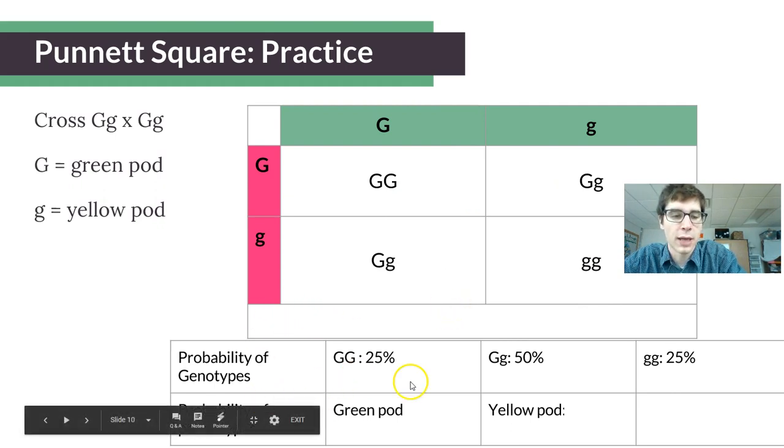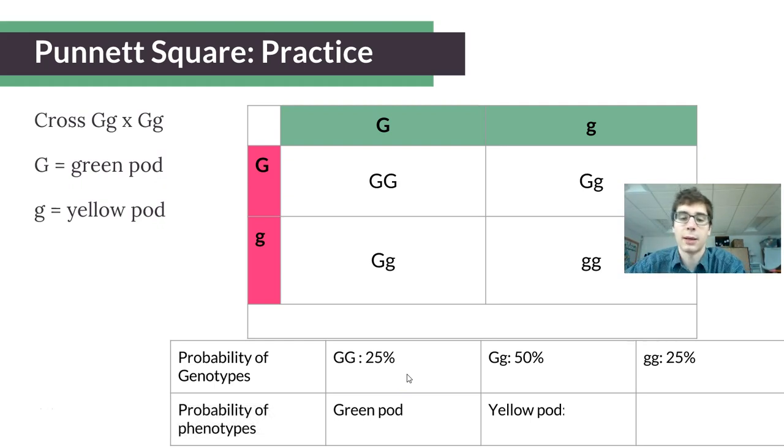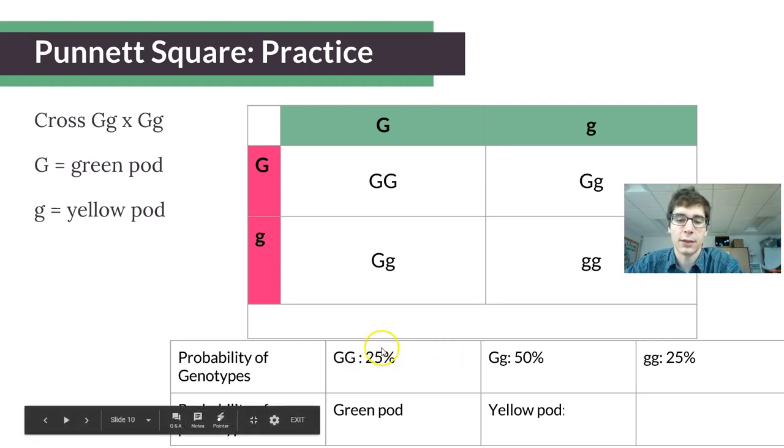Which means if we look at the probability of the different phenotypes, remember we only need one capital G, one dominant allele, to get the green pea pod. So we can just add these two together. We have a 25% chance of green here, 50% chance of green here. So we add those together, we're going to get a 75% chance that we get a green pea pod and only a 25% chance of getting a yellow pea pod.